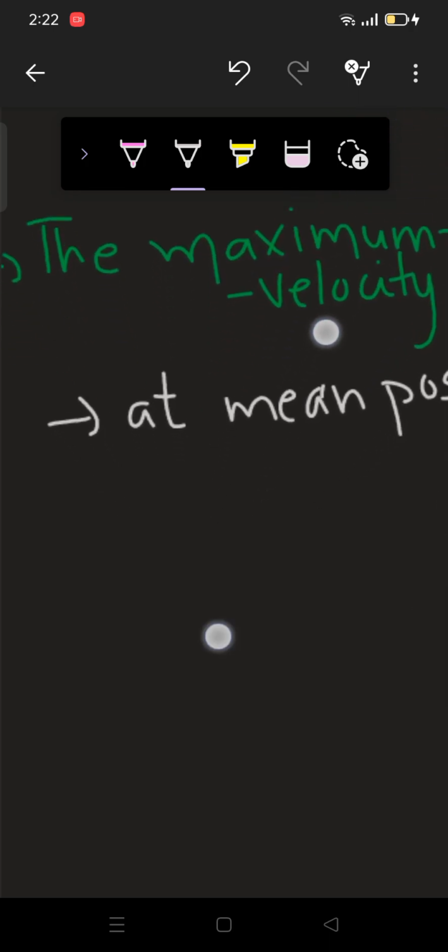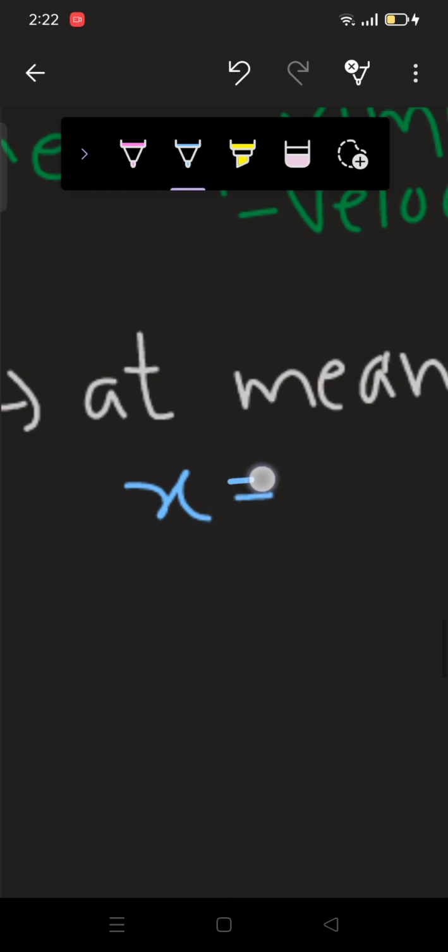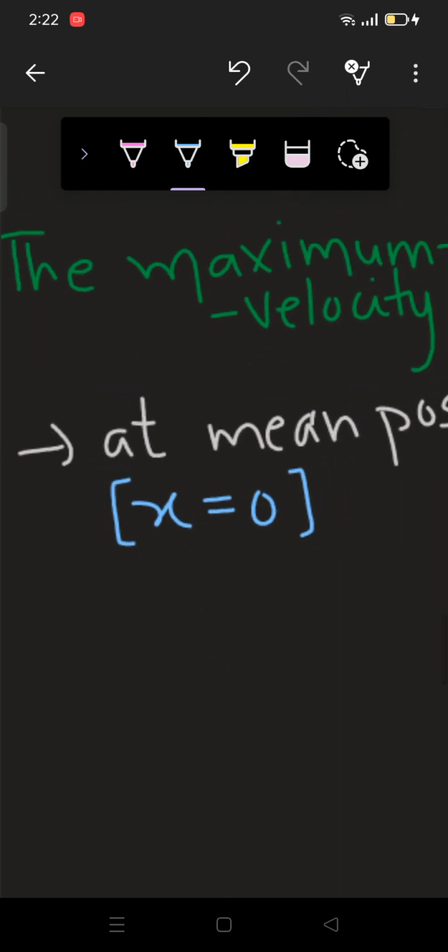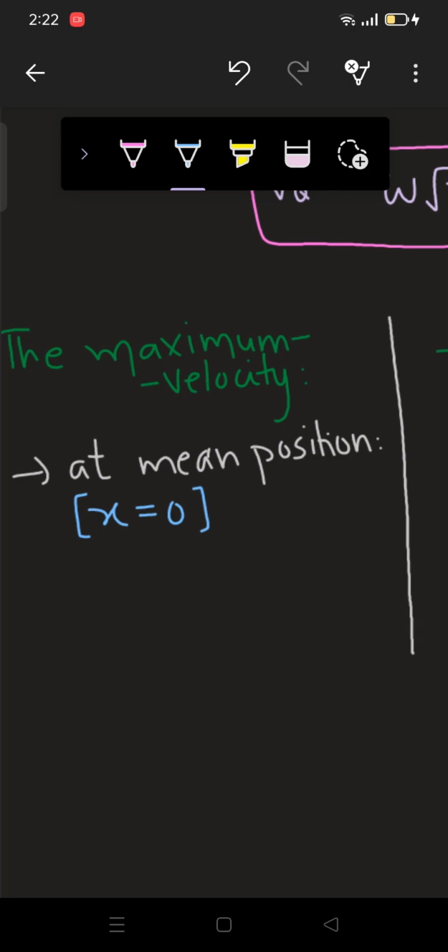Now see, at the mean position we know that our displacement is equal to 0, so x is equal to 0.